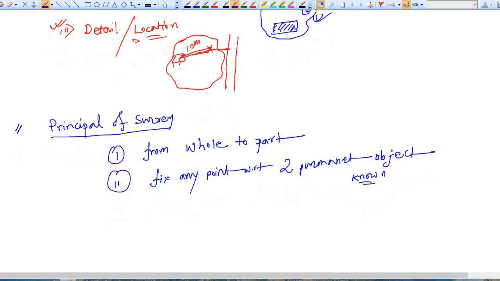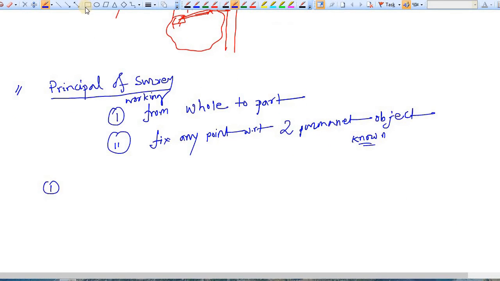Now come to the first point. What is the meaning of working from whole to part? Let's say you have to measure or plot a rectangular area. All these four points indicated in blue color are actual fixed points, and the inner one is like this.